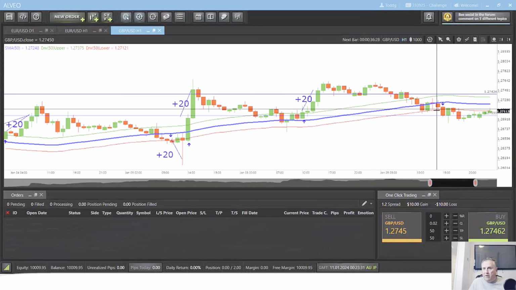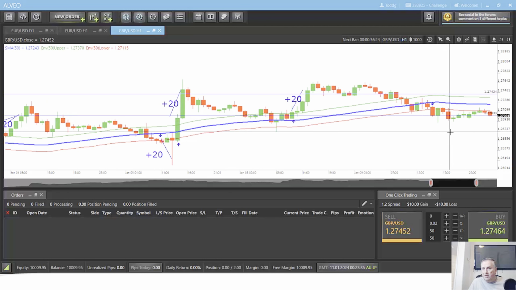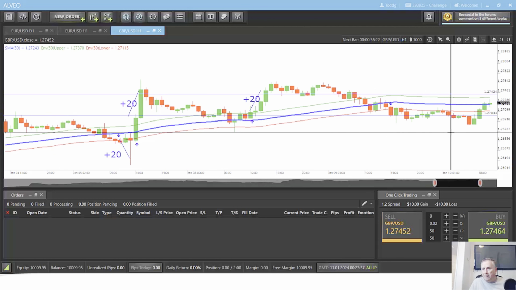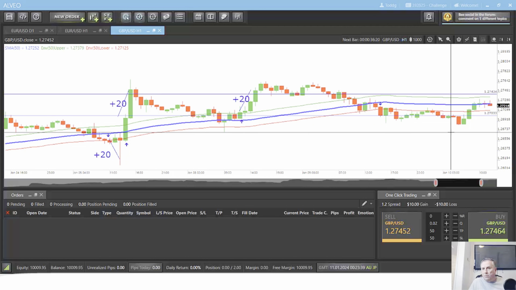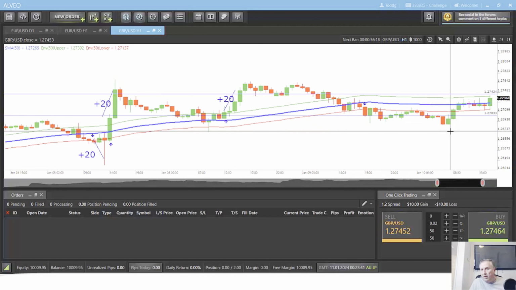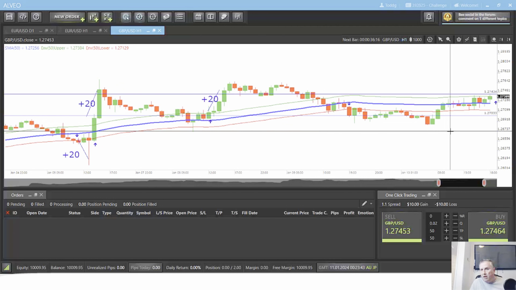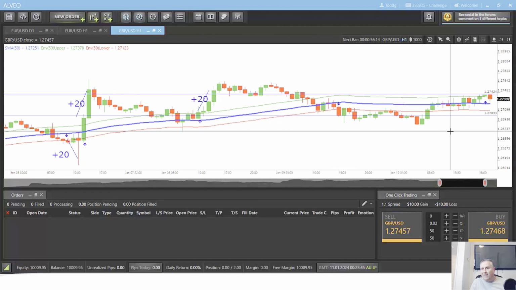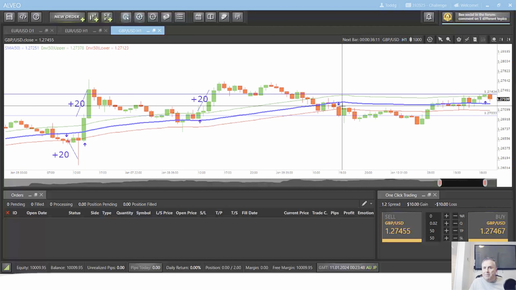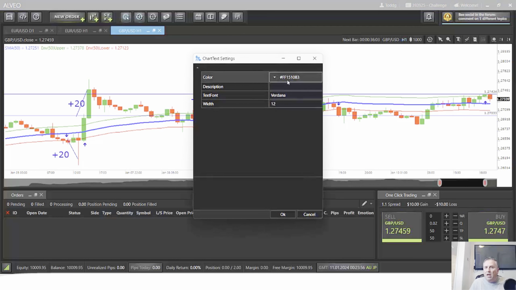And let's see how far we have to move in order to get our 20 pips. We need to move down here a little bit. Okay, so we would have been stopped out on this one with a loss of about 40 pips. So in this case, minus 40 pips.